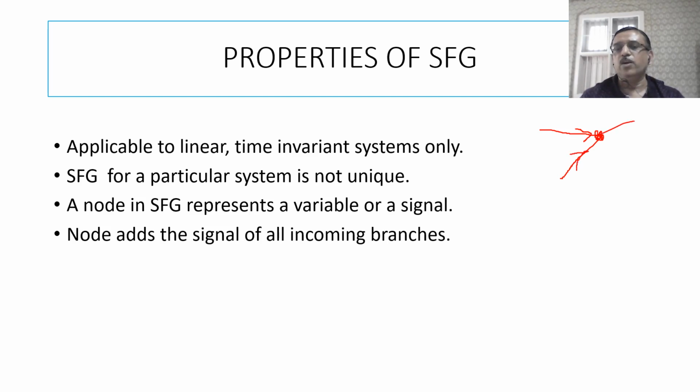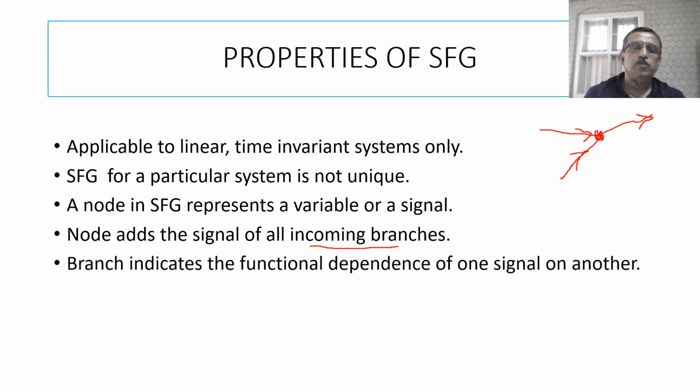And if I draw 3 arrows like this, then from the context we should understand that 2 branches are input branches and 1 branch is outgoing branch. So a node adds all incoming branches. Suppose the signal coming over here is x1, signal coming over here is x2, the output signal will be x1 plus x2. So this is very important.